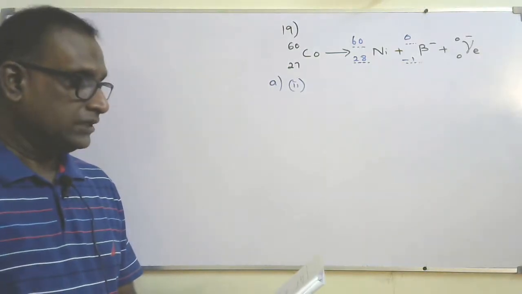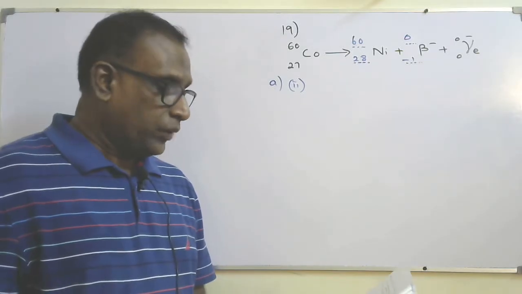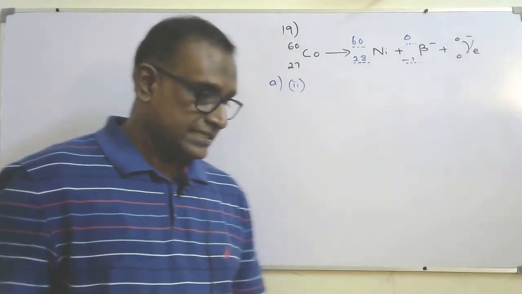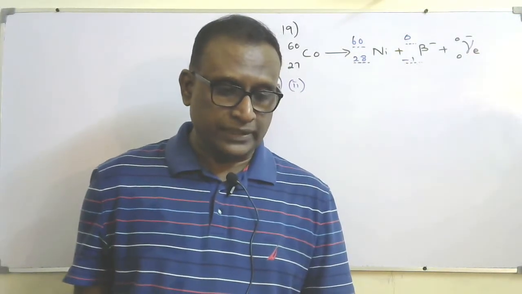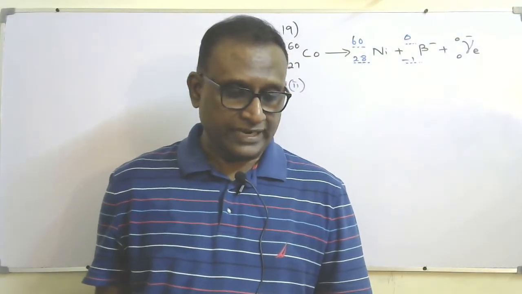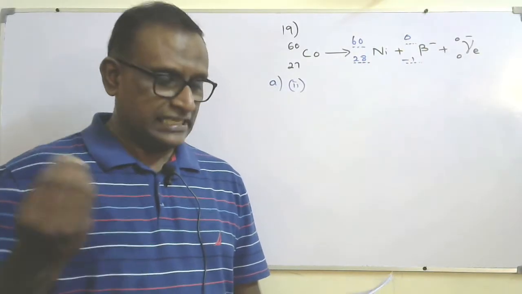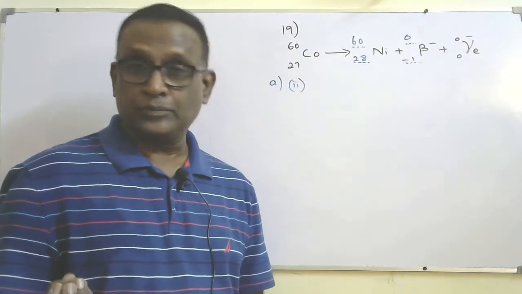Okay, B part, question 19. The activity of the cobalt is given. When used for sterilizing, the source is replaced when the activity drops below 1.85 × 10^14. So we have cobalt-60 initial activity 4.07 × 10^14.